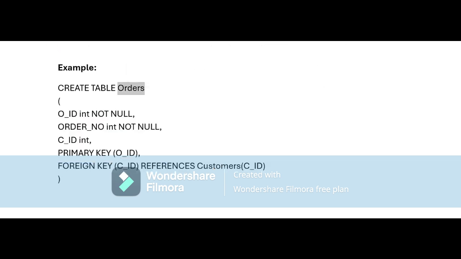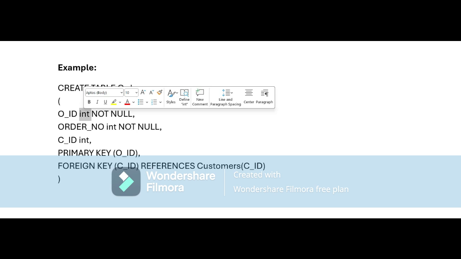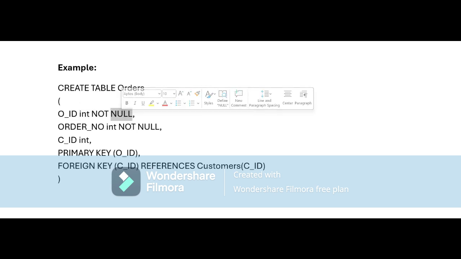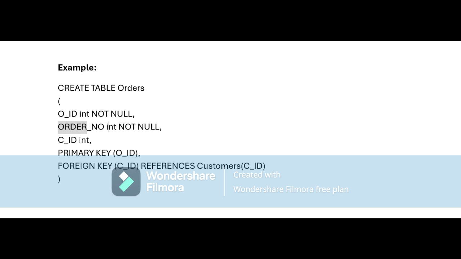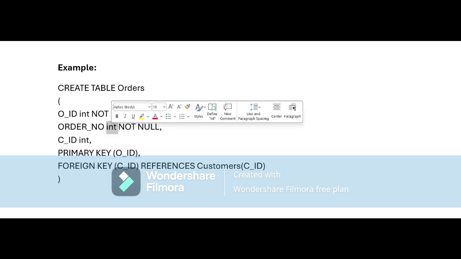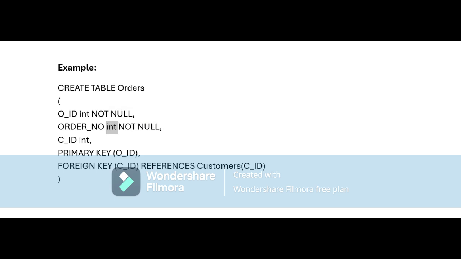See here, I'm creating the table orders with create table orders. OID is the order ID, the type is int and not null is the constraint. Same as order number, also given with int as the type and not null as the constraint. CID is a foreign key here, and the same thing is a primary key in the customer table.